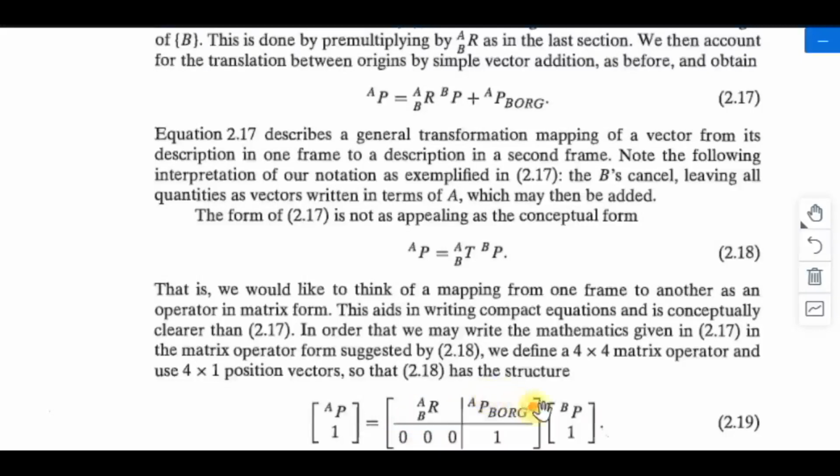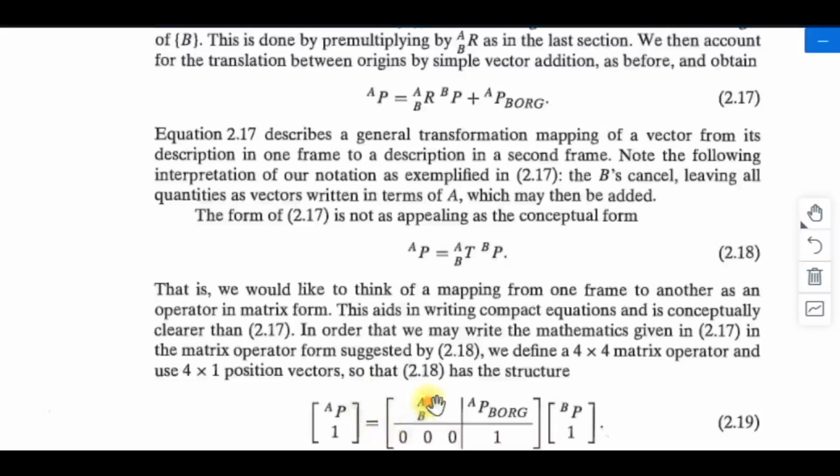If it is 4 cross 4 and it is 3 cross 3, then its dimension is number of rows 1 and number of columns 3, that is 1 cross 3. And this is a 3 row 1 column matrix.